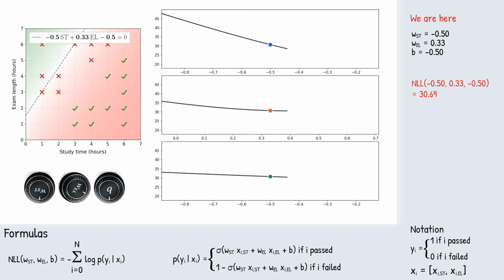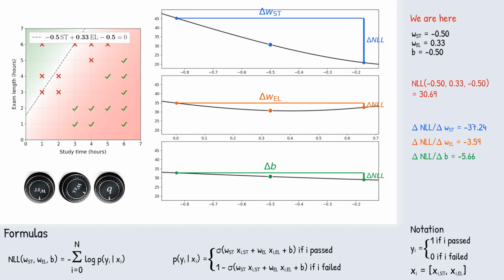Let's go back to our 3 plots, each showing how the negative log likelihood changes as we move each of the knobs, keeping the others where they are. Steepness is just how much the curve goes up relative to how much we go across. We use delta to mean change, so we can express steepness as the change in negative log likelihood relative to the change in parameter.